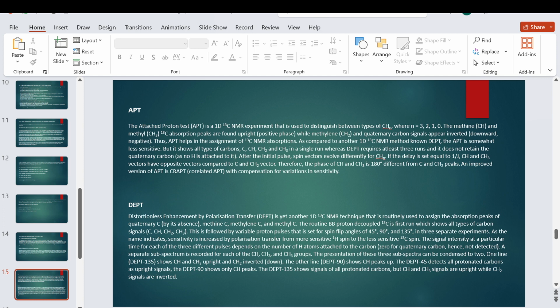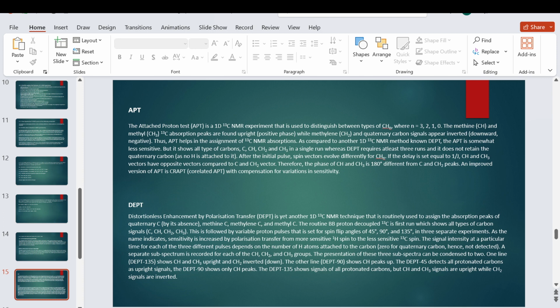The routine broadband proton decoupled carbon-13 NMR is first run, which shows all types of carbons, including the quaternary carbons. This is followed by variable proton pulses set to spin flip angles of 45 degrees, 90 degrees, and 135 degrees in 3 separate experiments.